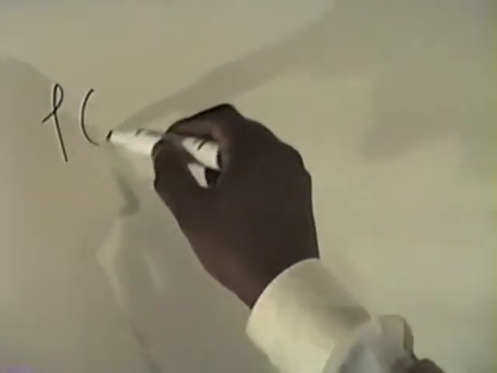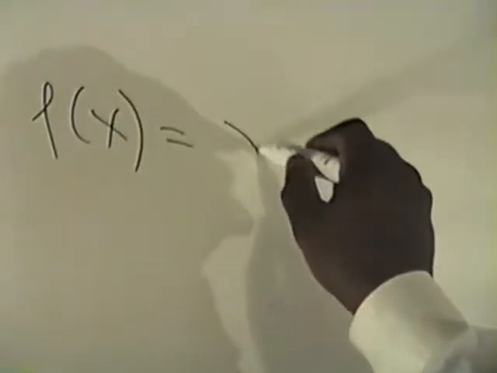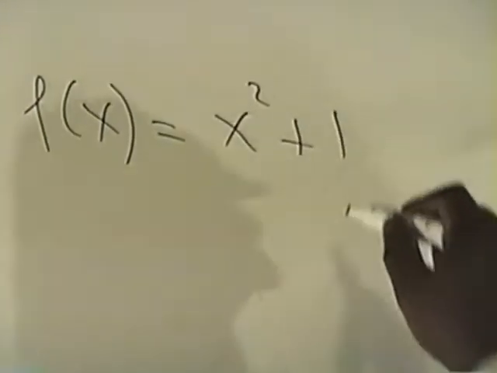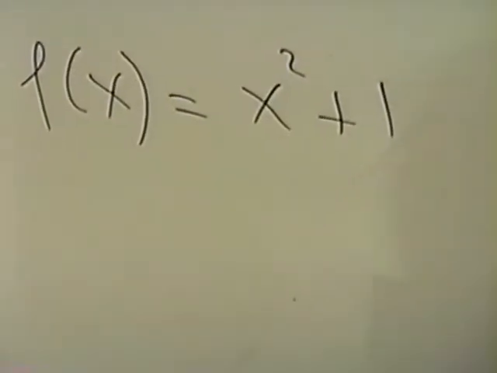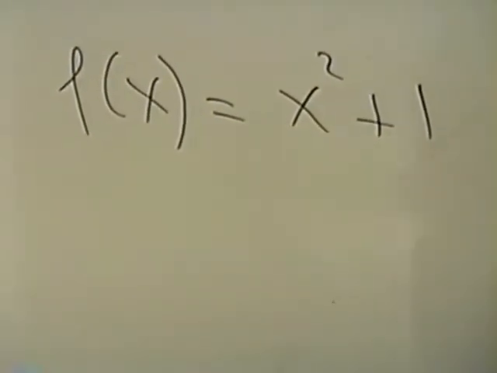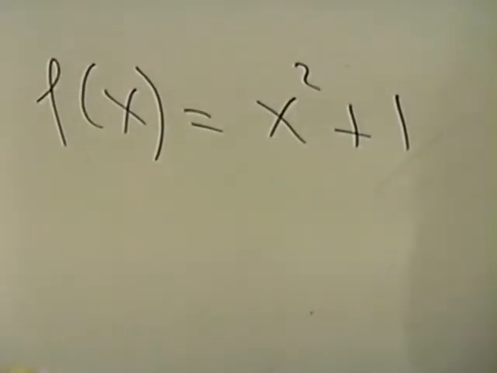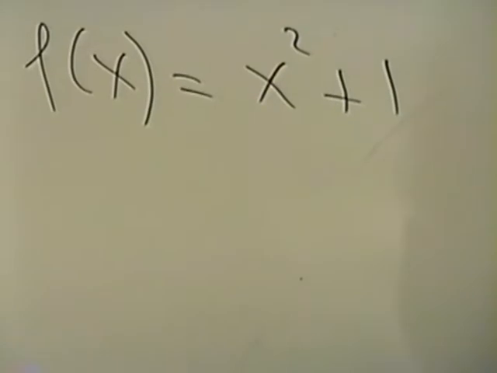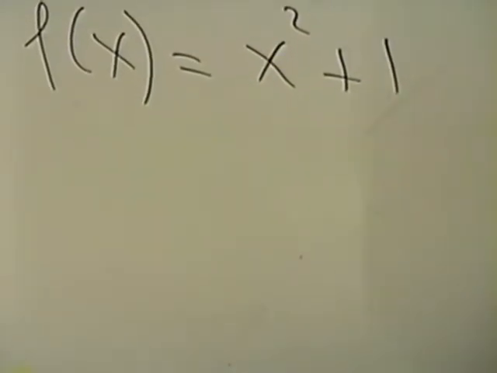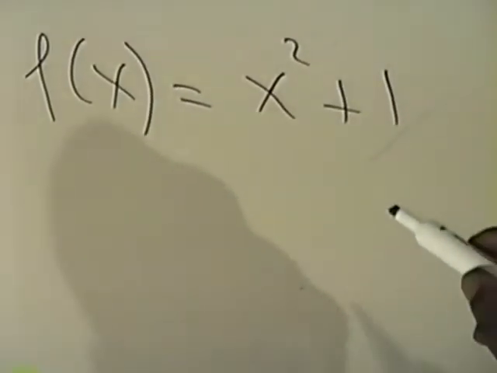f(x) is equal to x squared plus 1. From algebra or from analytic geometry, we see that this function represents a parabola which is parallel to the positive y-axis. Its graph will look like this.